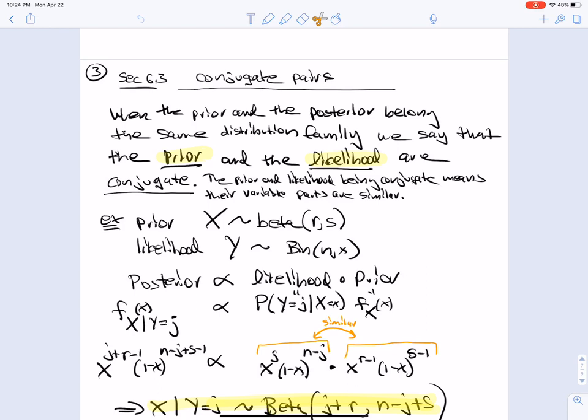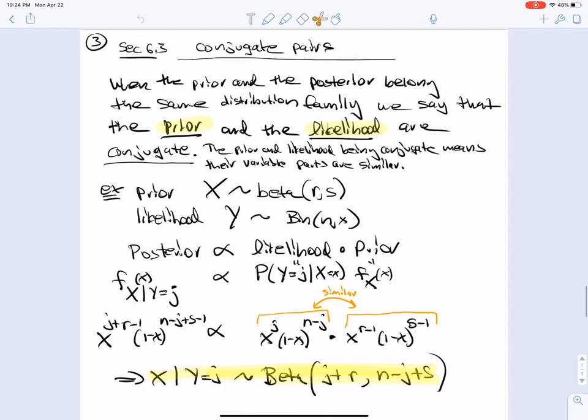So, for example, if the prior X is beta r, s, and Y is binomial n, X. Then the posterior is proportional to the likelihood times the prior. The likelihood is the probability that Y is j given that X is x. The prior is just the density of x.